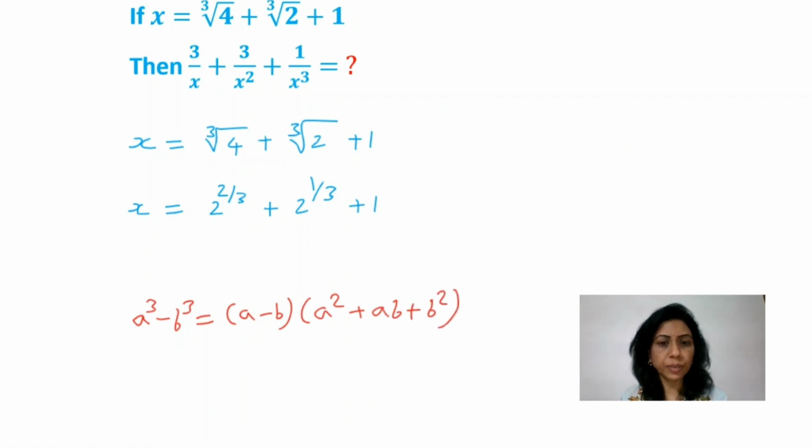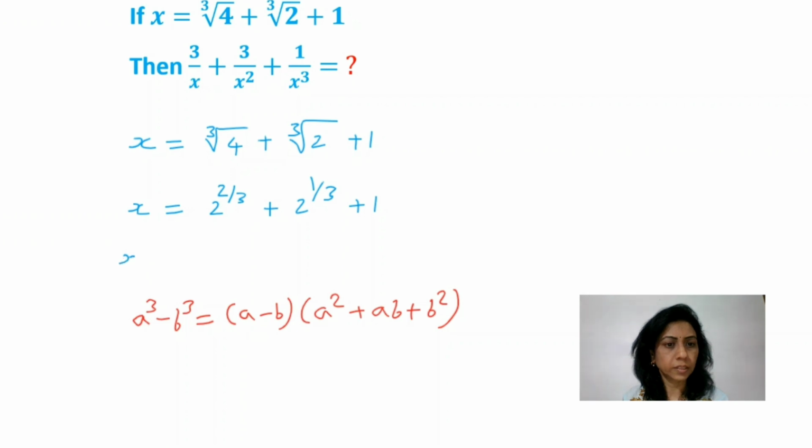When we compare this parenthesis with this, here a value means 2 to the power 1/3 whole square, it means 2 upon 3. So a value is 2 to the power 1 upon 3, and b value is 1. We want a minus b, so a value 2 to the power 1 upon 3 minus b value 1.